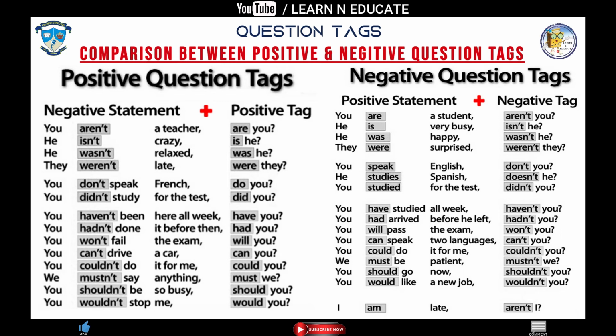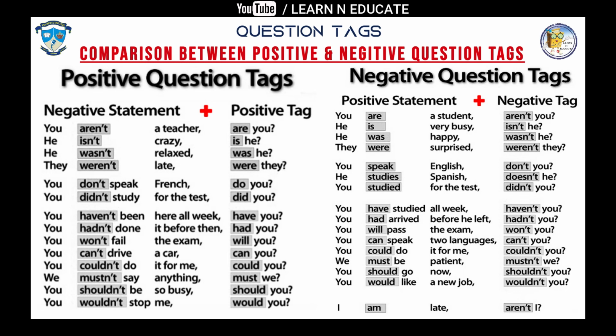Similarly, don't becomes do, didn't becomes did, haven't becomes have, hadn't becomes had, won't becomes will in the question tag, because won't is the contracted form of will not. So will not will change into will in the question tag. Can't becomes can, couldn't becomes could, mustn't becomes must, shouldn't becomes should, and wouldn't becomes would.